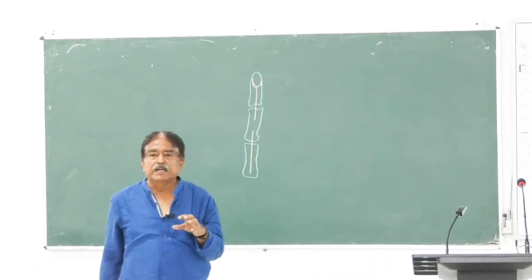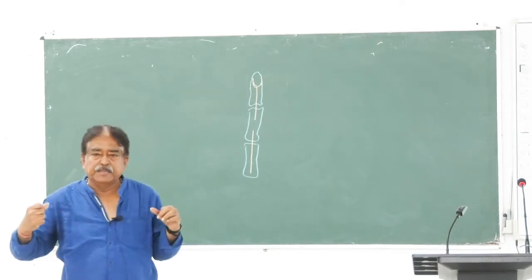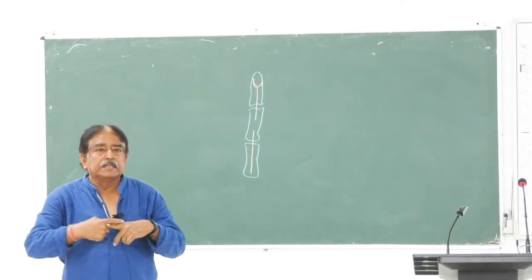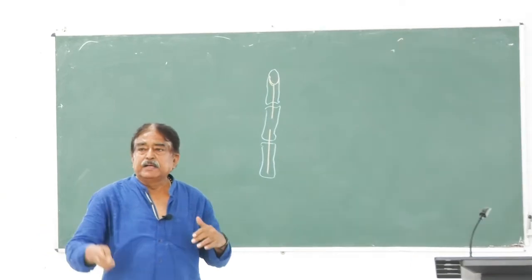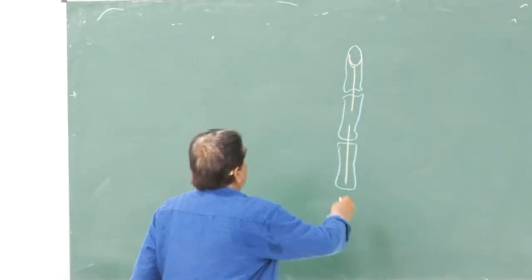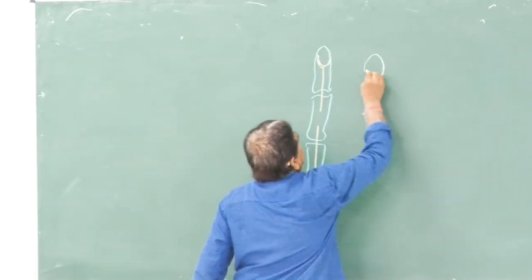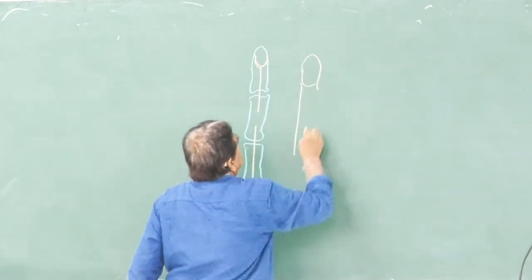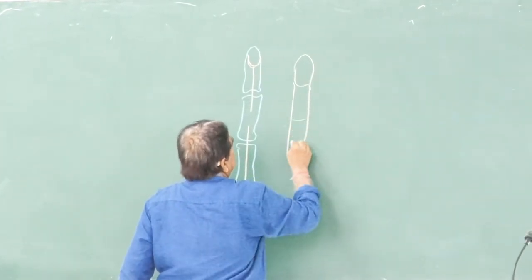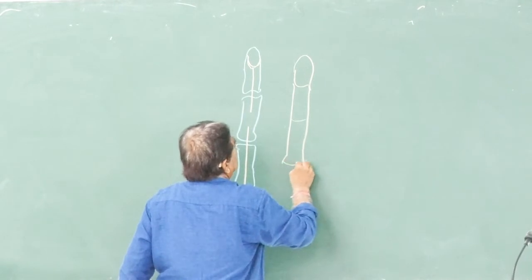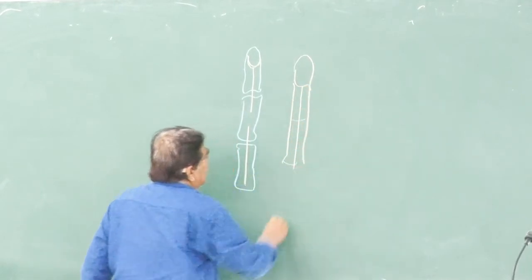It's cut. Naturally, it retracts. It's divided. Now, what you have to do is make an incision. Make an incision straight like this.